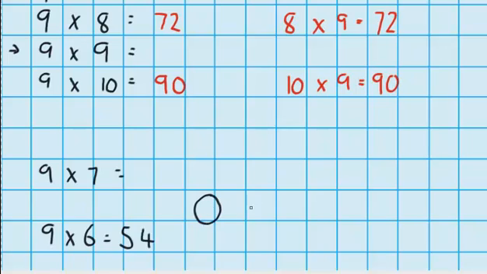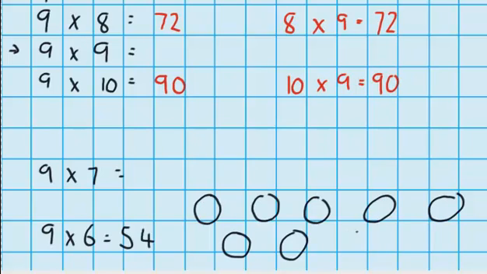So we've got 1, 2, 3, 4, 5, 6, 7, 8, 9 groups, and we need to put 6 in all of them. So now I've got 9 groups of 6, which is 54.